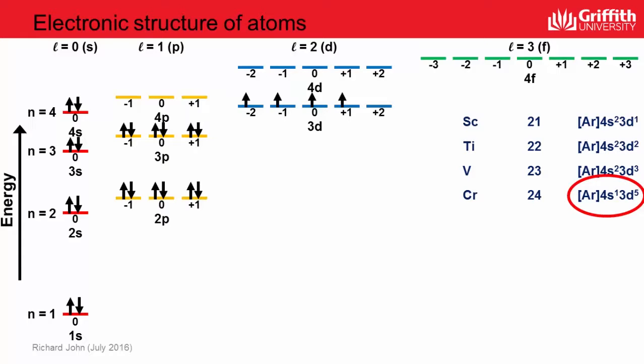But as you can see here, the electron configuration is actually 4s1, 3d5. It's as if one of these electrons actually prefers to sit over here in this d subshell to fill in that 5th orbital, so that we've got a half-filled subshell.